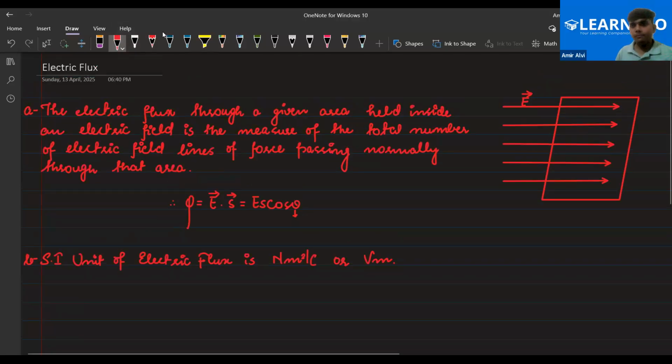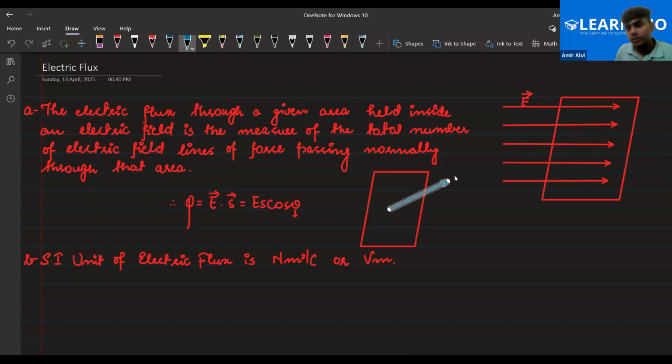If you want to draw this, the theta value would be like this. Suppose that an electric field is going like this.